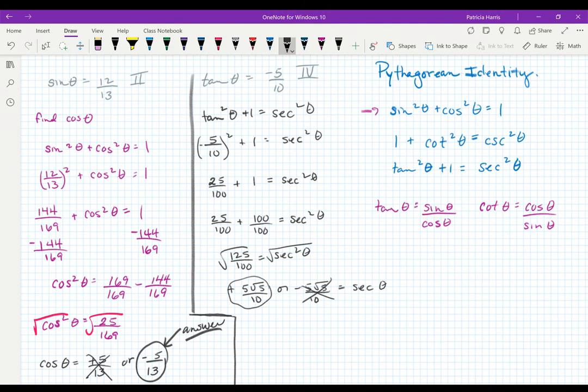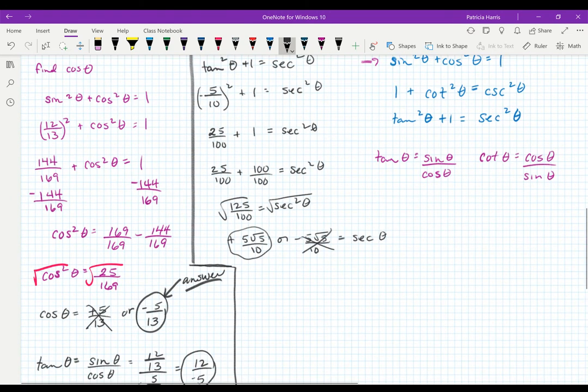Now since we have tangent and secant, I can find cotangent. And I have secant, which means I also have cosine.